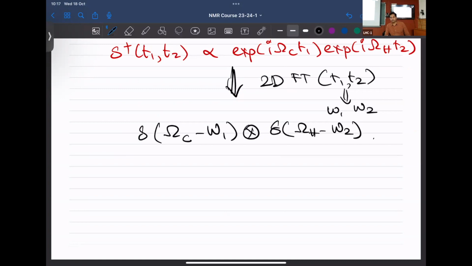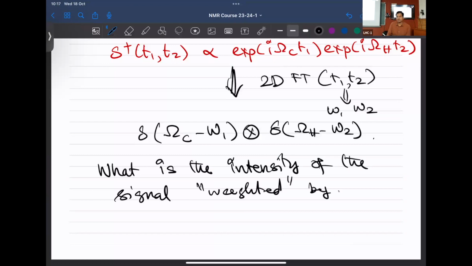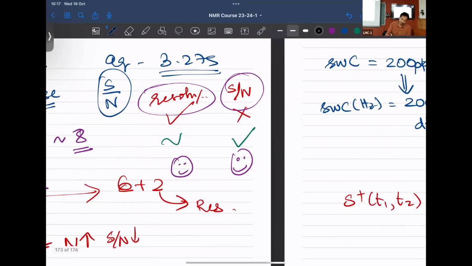What is the intensity of the signal weighted by? This is an important question because let's go back to the pulse program.